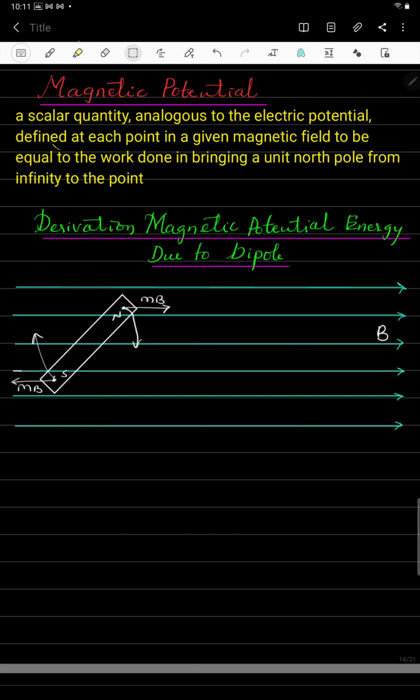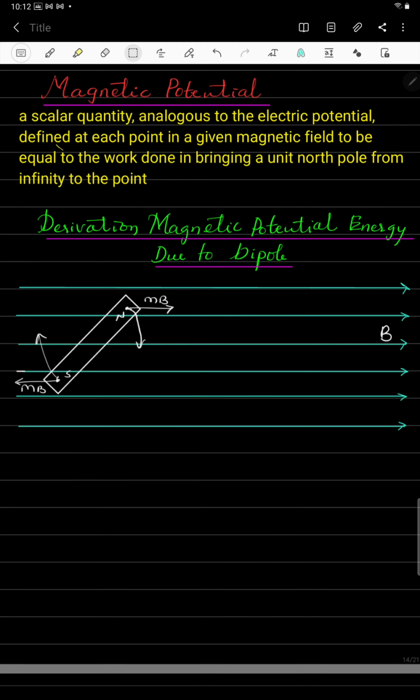And how that magnetic potential energy is possessed, we'll see now. Let us consider that the magnet is situated like this. See here, I have placed the magnet into that magnetic field. So what will happen?